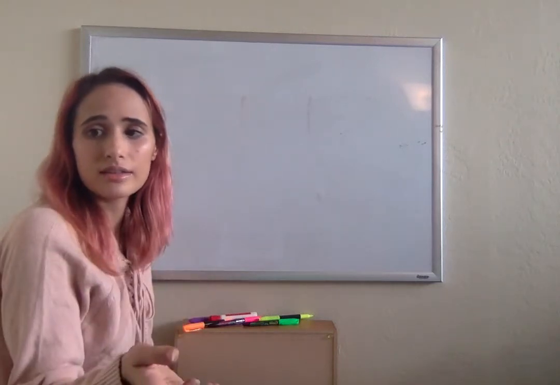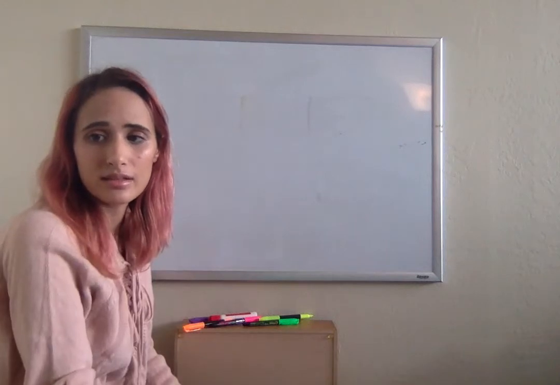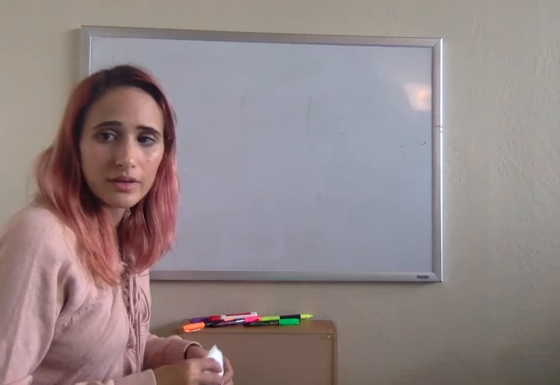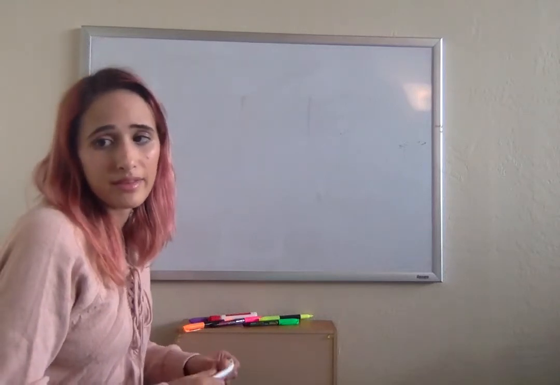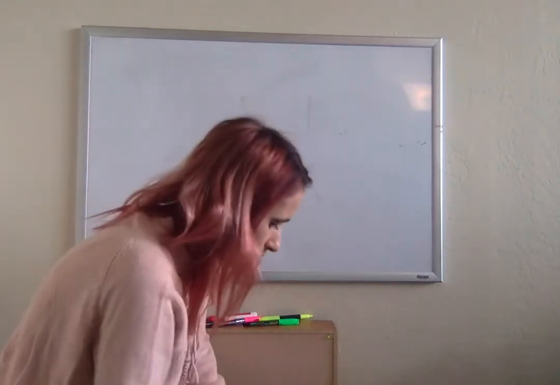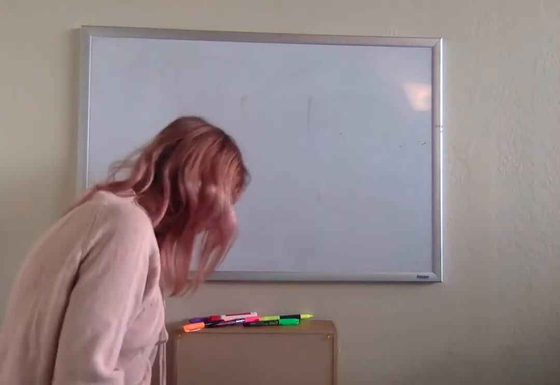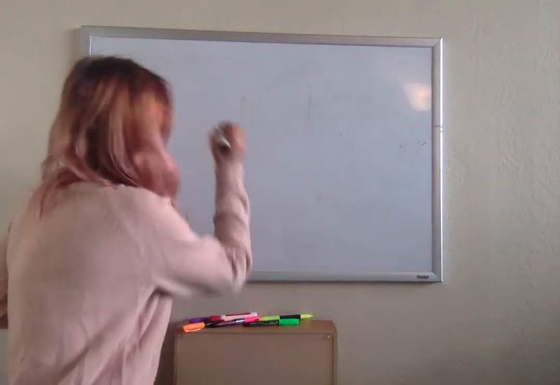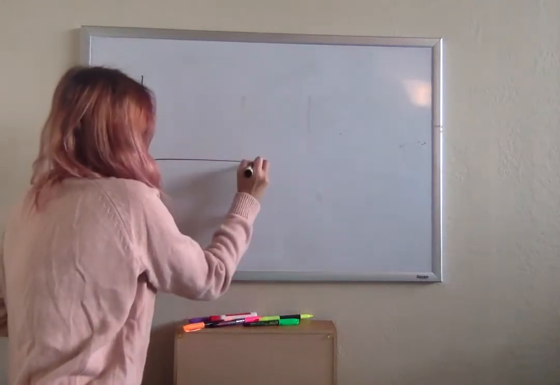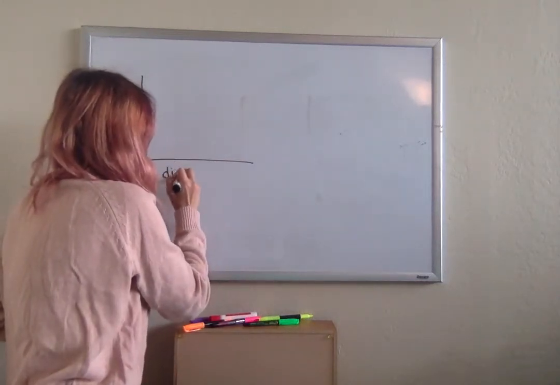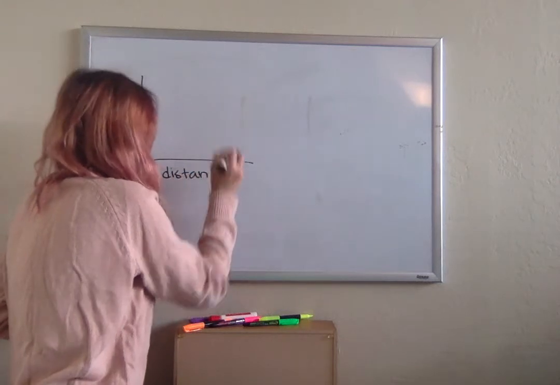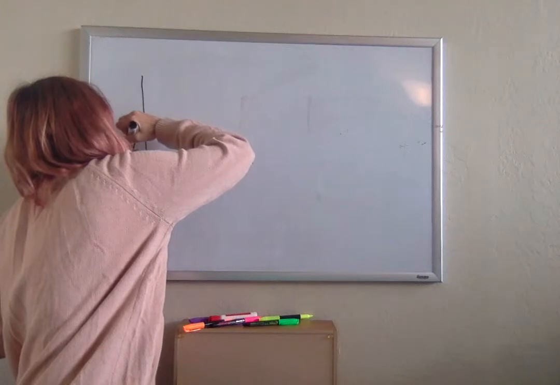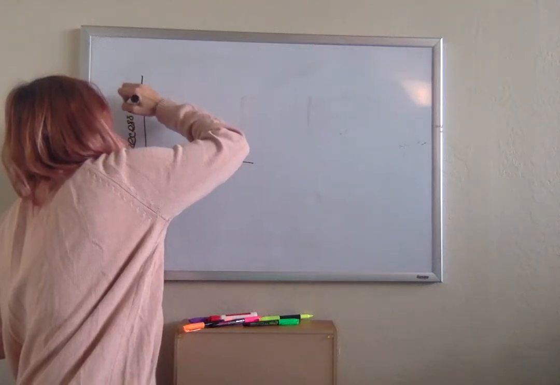And then Edwin Hubble went and compared how fast they're moving away to how far away they are. And he came up with a plot that looks like, where's my marker? This. And this is distance, and this is recession velocity. So this is how fast they're moving away from us.